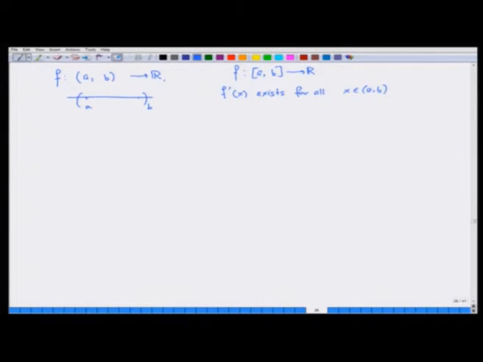And when I am talking about the derivative at a, I am actually considering the right derivative at a and the left derivative at b. This is a very fundamental issue, but one has to be very clear in one's mind from the very beginning.